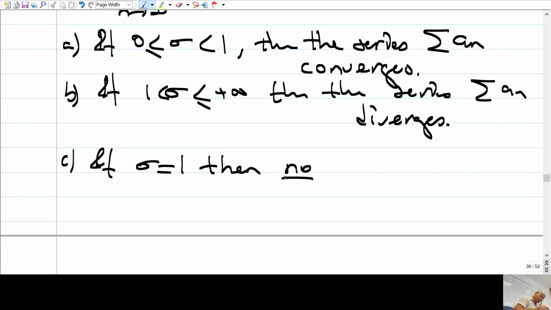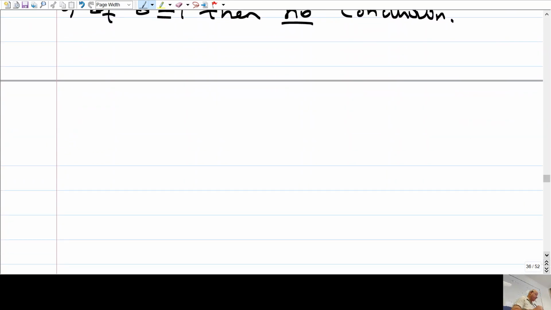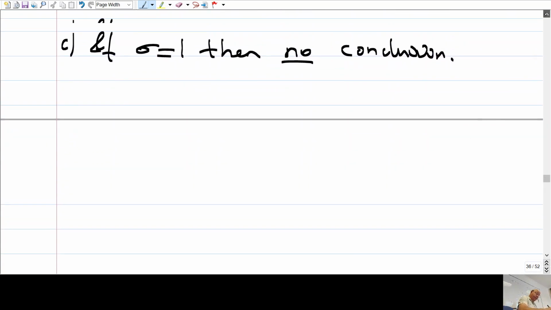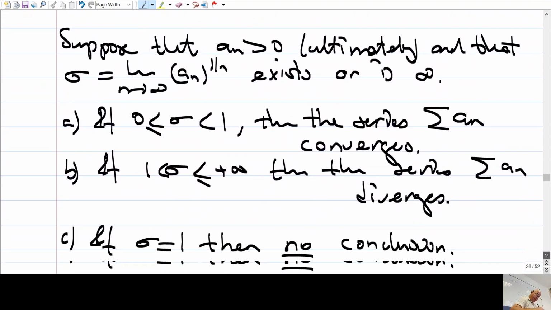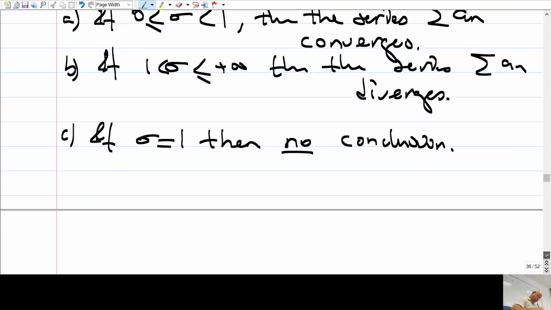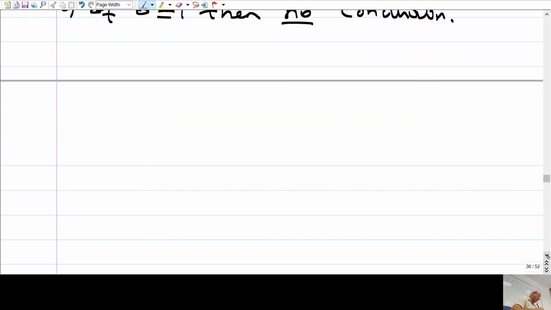The test doesn't tell us anything. I will not prove this. Basically, it is the same proof, but instead of ratios, you have to deal with nth roots of a_n.